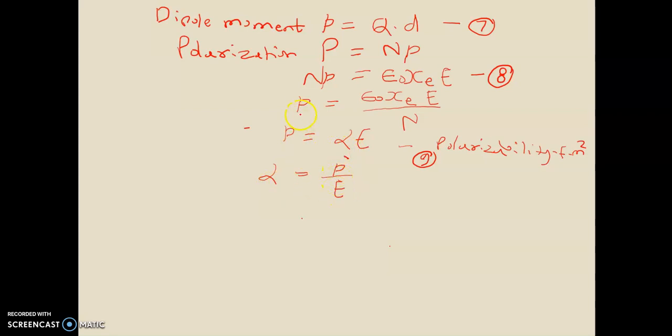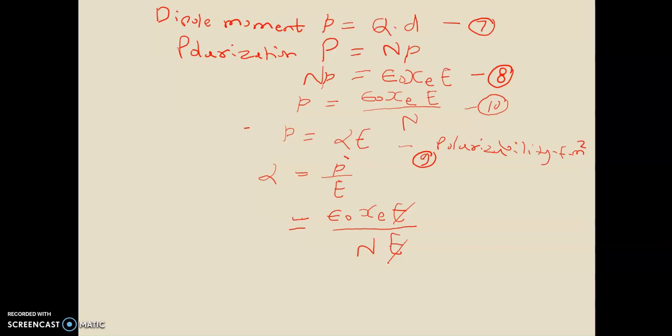But for this dipole moment you can substitute the value. Suppose this is equation 10. Now substituting equation 10: dipole moment is epsilon 0 susceptibility E divided by N. We have substituted this value divided by E, so this E will get cancelled.